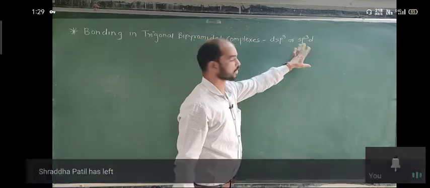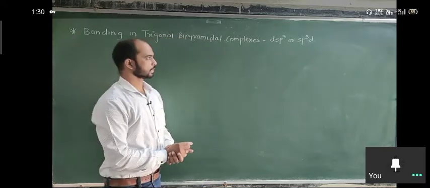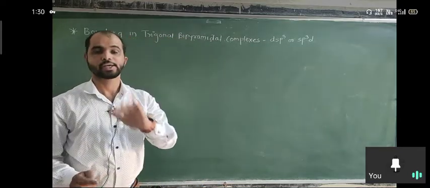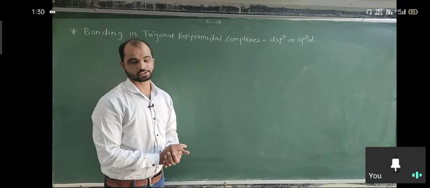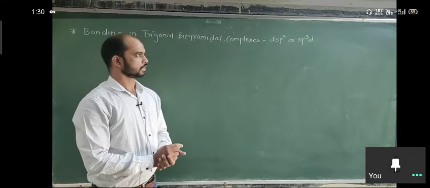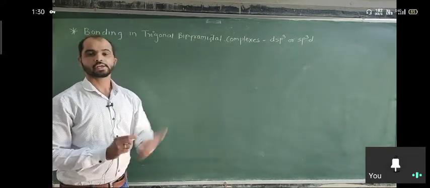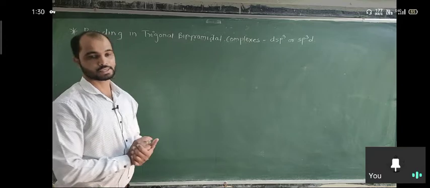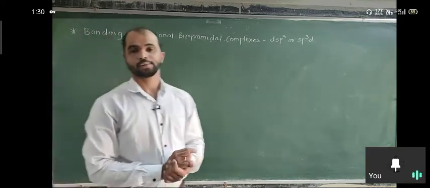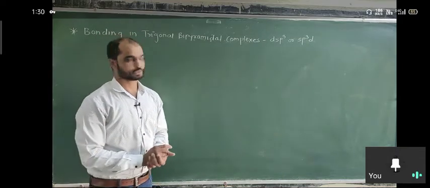So the difference is this: when there is dsp3 hybridization, the (n minus 1) d orbital is used in hybridization. And when sp3d hybridization is shown by the complex, the nth d orbital is used, because you know d orbital is anti-penultimate, so we consider it as n minus 1.